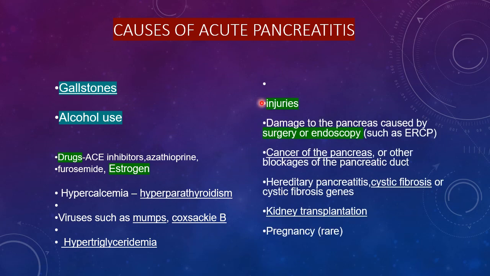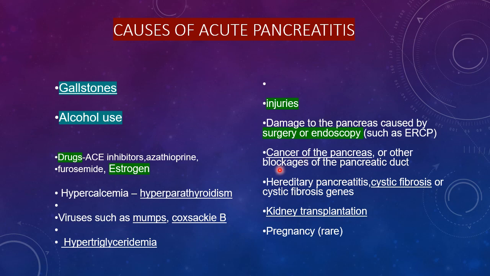Injuries form another important cause for acute pancreatitis. Blunt injuries of the abdomen are a common cause of rupture of the pancreatic tissues, leading to acute pancreatitis. And injuries to the pancreas caused by surgery or endoscopy, such as ERCP procedures.